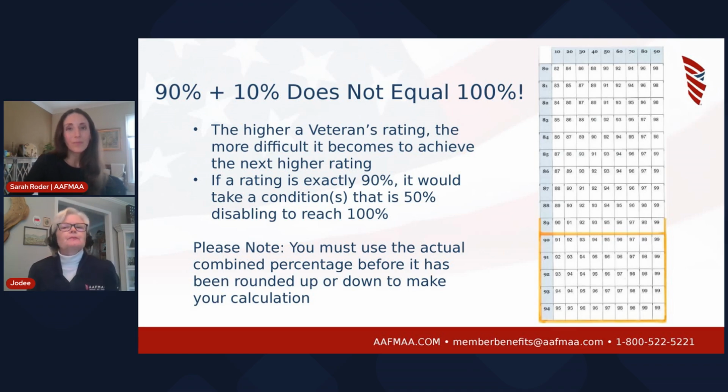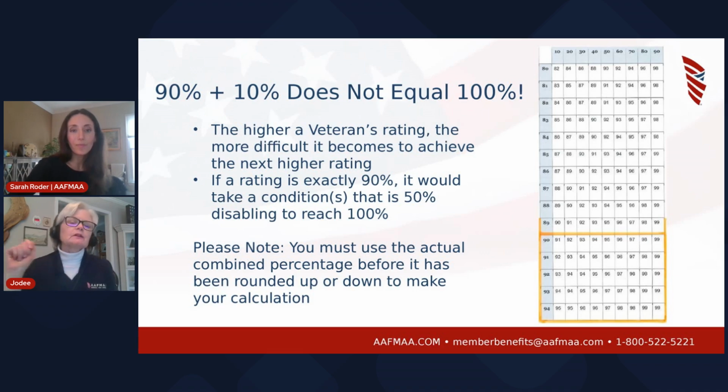Okay. And this also depicts that the higher a veteran's rating, the more difficult it becomes to achieve the next higher rating. If you look across on that 90% row horizontally, it would take a 50% condition to get to 95, which would then round up to 100.